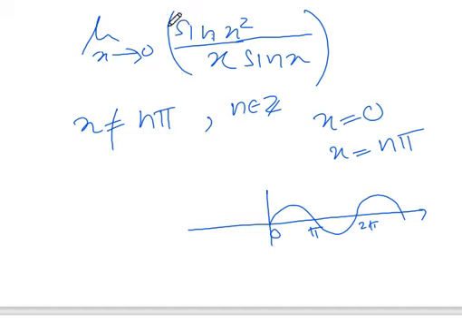Otherwise you cannot define this function. Why? The denominator becomes 0. If you want to define a function, make sure that your denominator is not equal to 0 for x values, right? So you have to exclude these x values from the domain of this function.